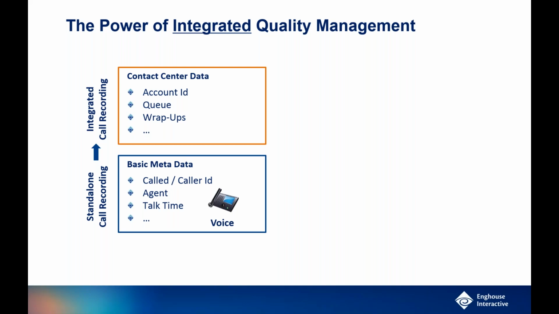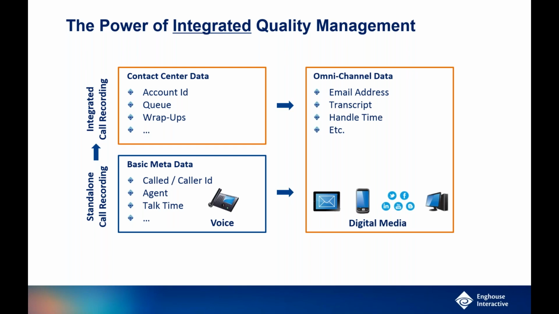But we can take this one step further, and if you remember the last webinar, we actually hinted at us being able to do text-based or digital media quality management as well. And so what we've introduced is the ability to bring in things like email, SMS, social interactions or instant messaging, as well as traditional web chat.